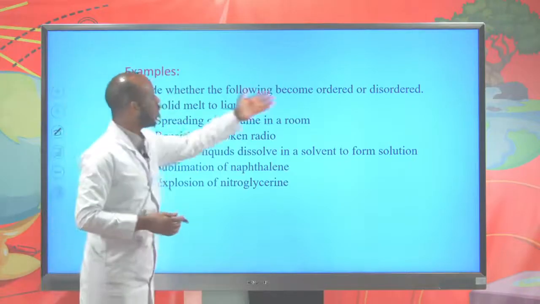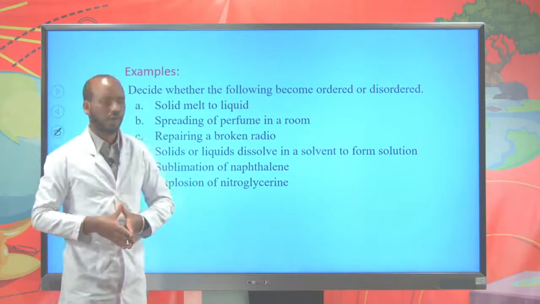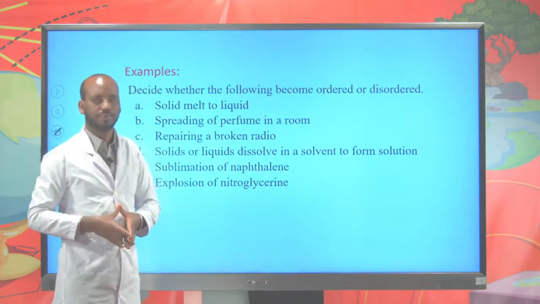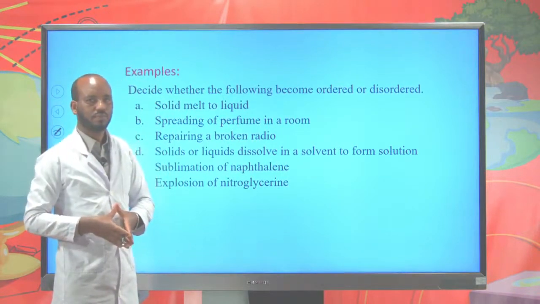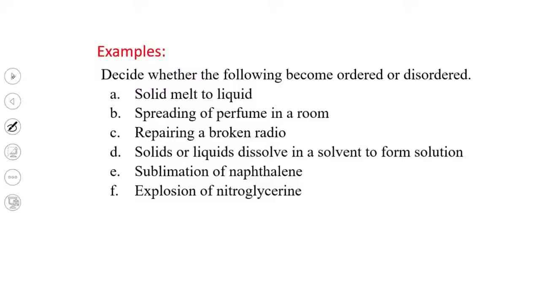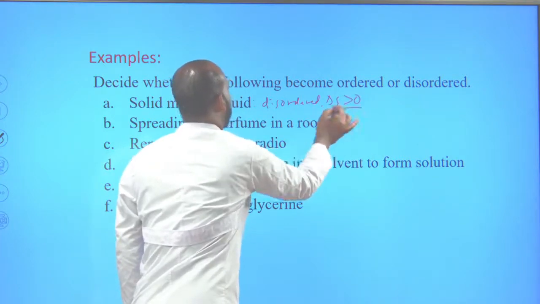Examples. Decide whether the following becomes ordered or disordered. A. Solids melt to liquid. This process is disordered. Therefore, the change in entropy, delta S, is greater than 0.